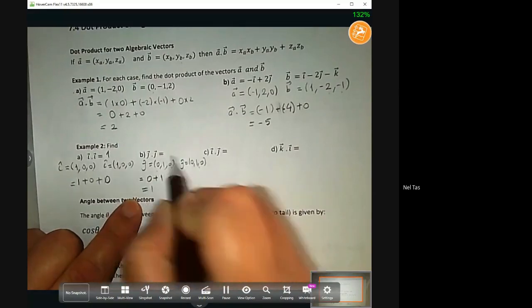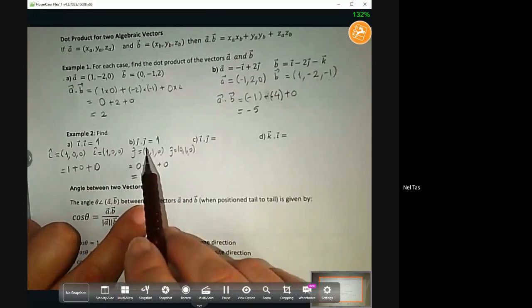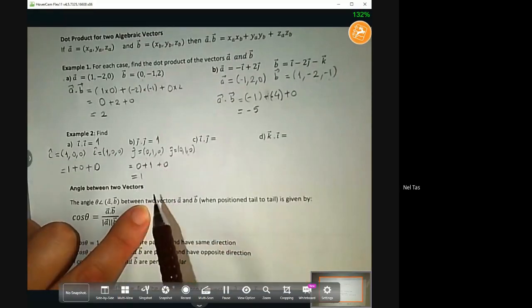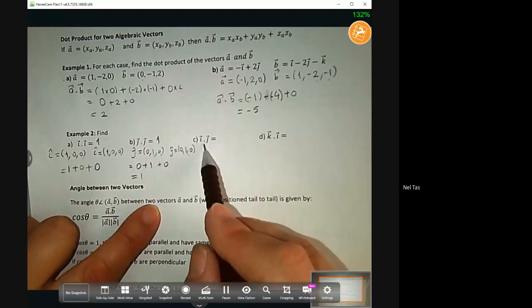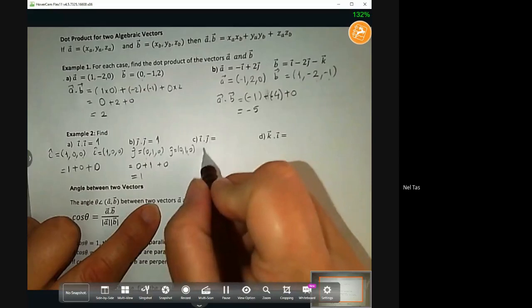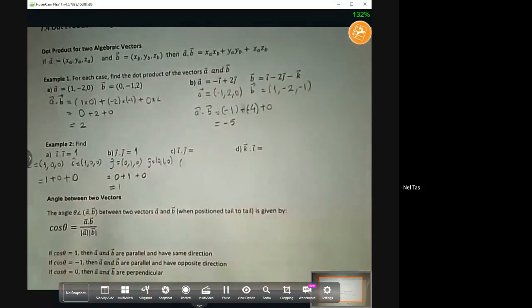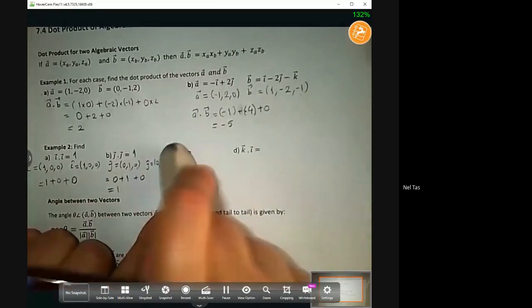So you end up with 1 again. And if you do K dot K, it is the same idea. You will end up with 1. How about I dot J? Well, we can use these ones here.